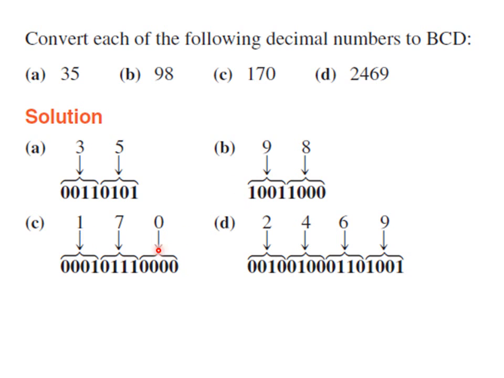Similarly, for 170, replace 1 with binary code 0001, 7 is 0111, and 0 is 0000. In this way, we can use BCD codes to represent different types of numbers, and it is easy to represent them and calculations work easily in the computer system.